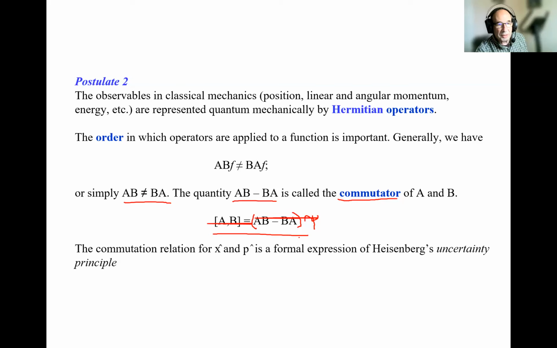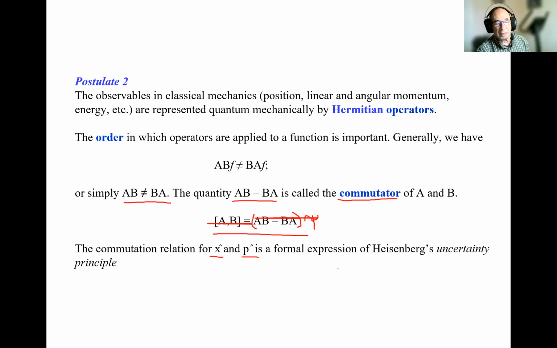And that is an important physical property, because if they commute, we say that they can also be measured simultaneously. So we can know about them simultaneously. This does not apply to, for example, position and momentum. They cannot be measured simultaneously.